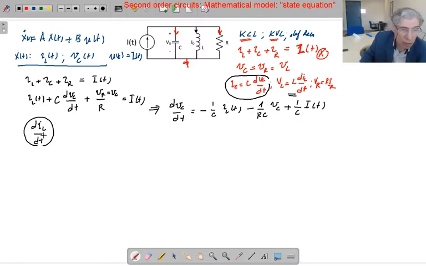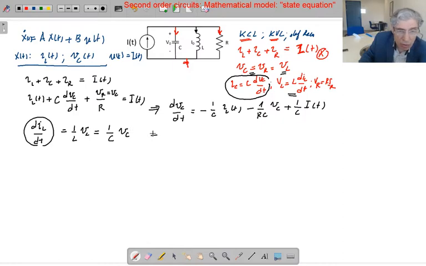So if I write this equal to 1 over L VL. On the other hand, I know that VL is equal to VC, so it becomes VC.